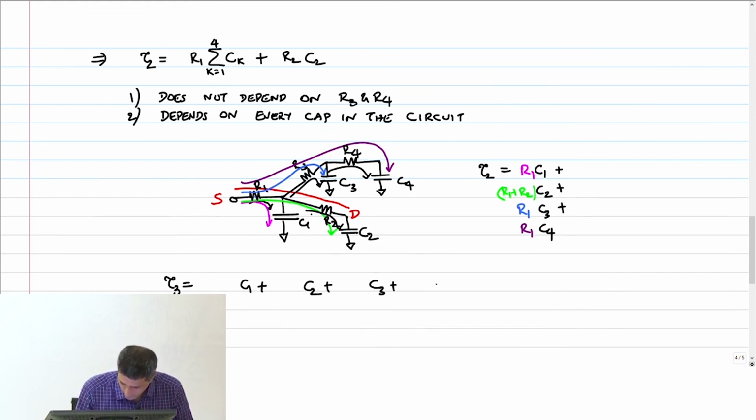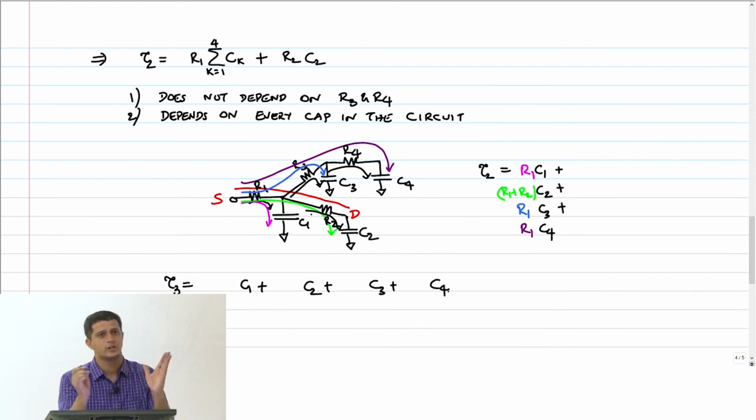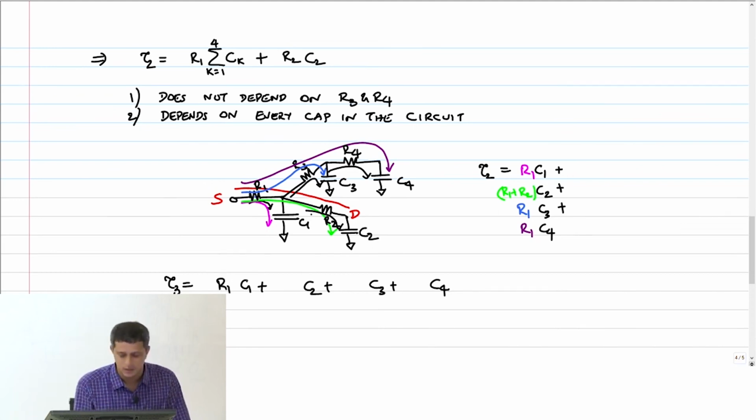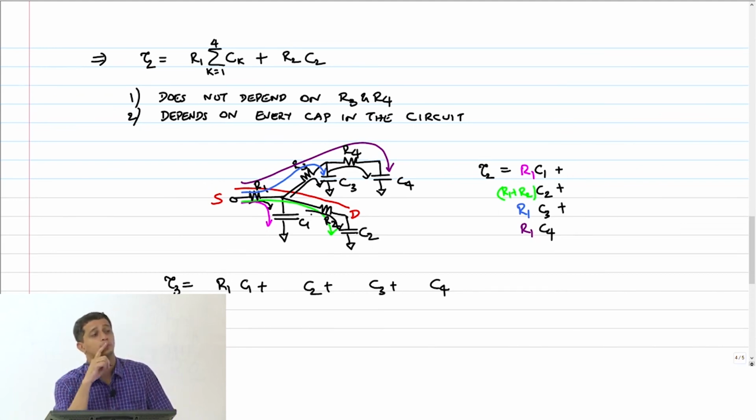Then we'll fill the coefficients of the capacitors. So what should be the coefficient of C1? R1. C2? Because I am now talking of node 3, the only resistance which comes in the intersection of source to node 2 and source to node 3 is R1.